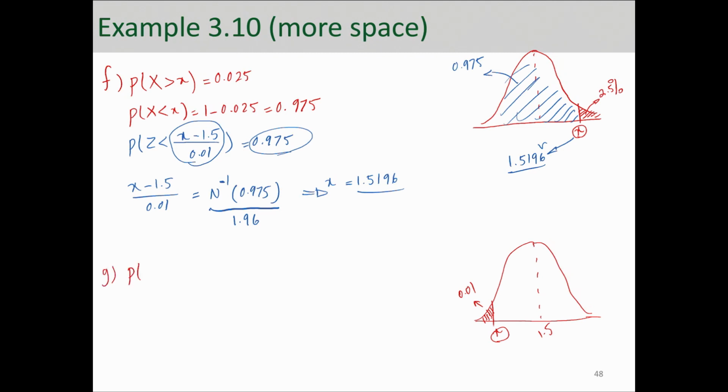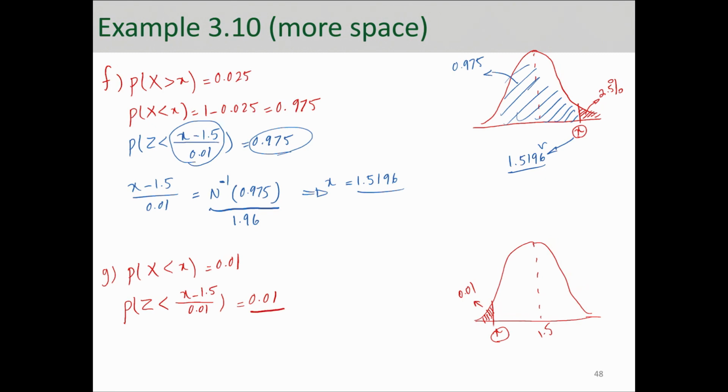So the probability of the random variable X less than this little x here is 0.01. Well, we start by transforming this to z. (x minus 1.5) over 0.01 is equal to 1%.